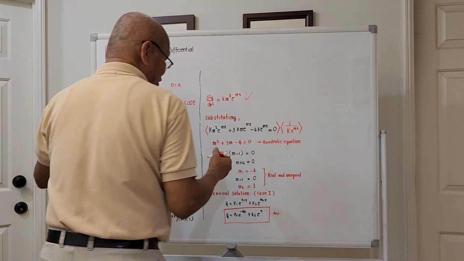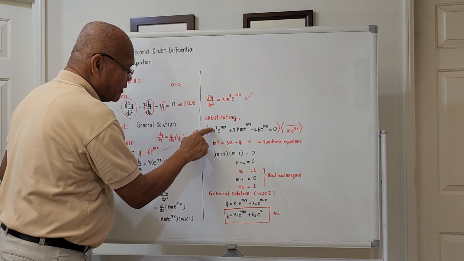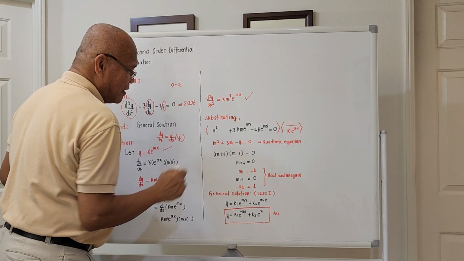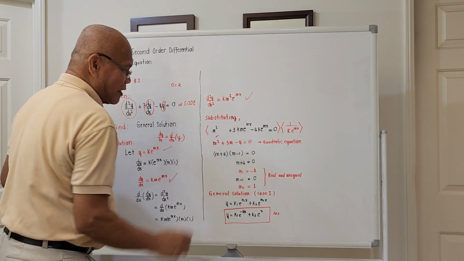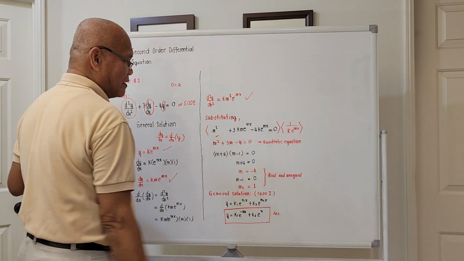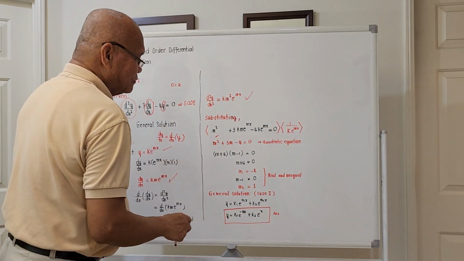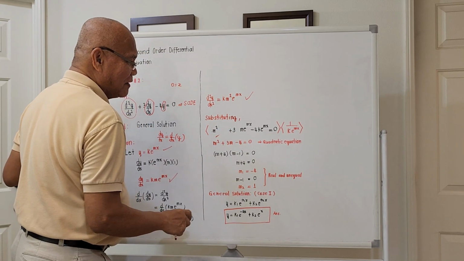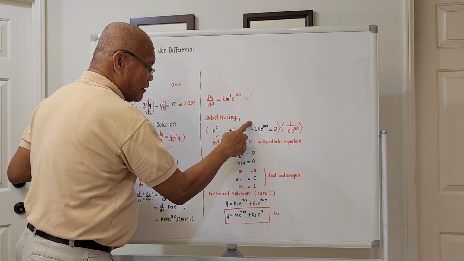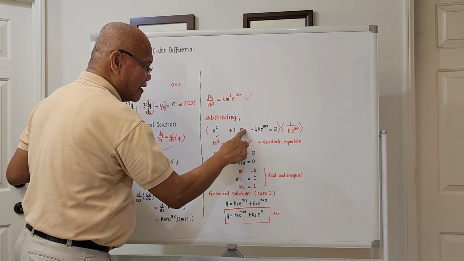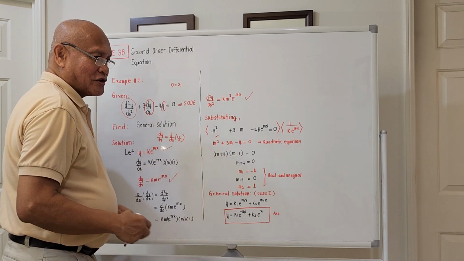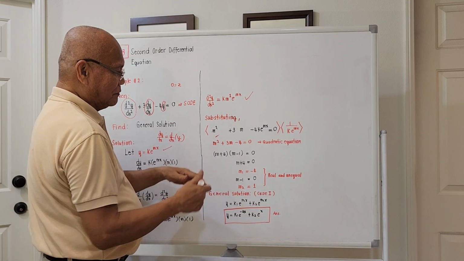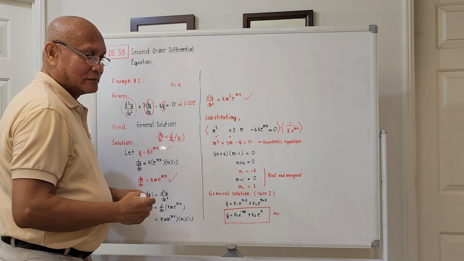If we expand the first one, this will disappear, so what remains is m squared after multiplying by 1 over this. For the second term, the k here will disappear, e to the mx will disappear, so what will remain for the second term after the multiplication is just 3m.